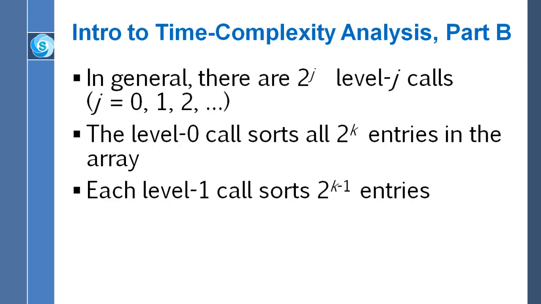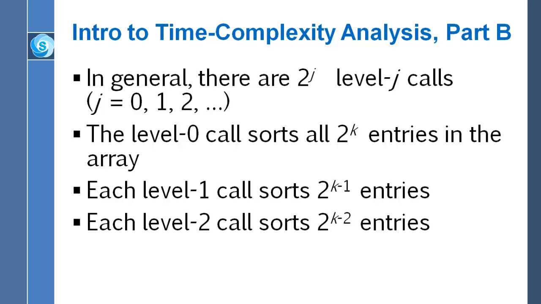If n is equal to 2 to the k, then 1/2 of n, that's 1/2 of 2 to the k, is the same thing as 2 to the k minus 1. Okay? Then each level 2 call is responsible for sorting half of that, right? So half of 2 to the k minus 1 is 2 to the k minus 2, and so forth.